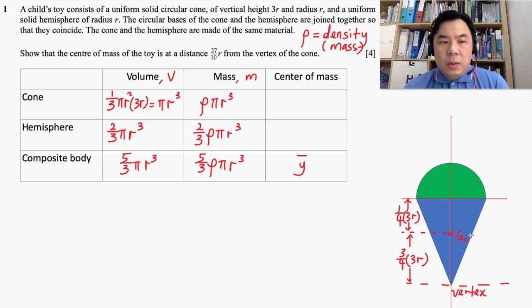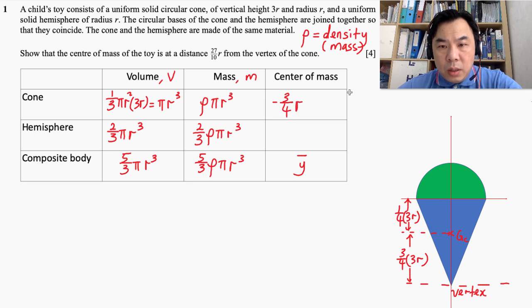Now if you set up your frame in such a way, the measurement for the center of mass for the hemisphere will be easier. Okay, now before that, just let me rewrite this. Yeah, one more reminder, if you put your frame of reference in such a way, because your center of mass is below, based on Cartesian coordinates, this is a negative coordinate. So here it is better I put in a negative 3 over 4r.